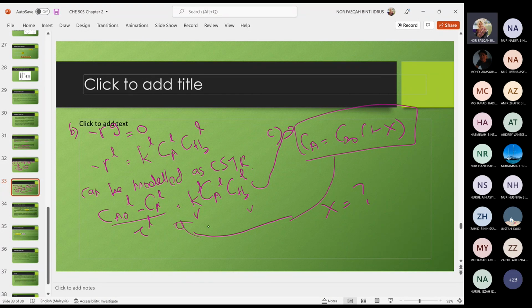So after substituting and rearranging for X, insert the values of k and the concentration of hydrogen in the liquid phase, and then you will get the conversion. This is actually the easiest question.